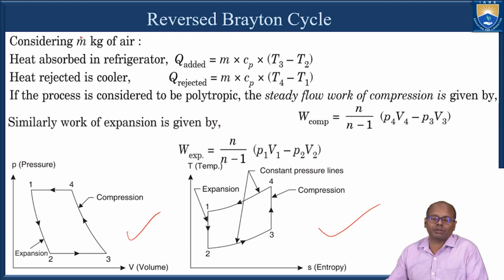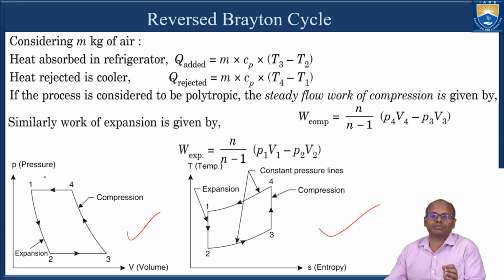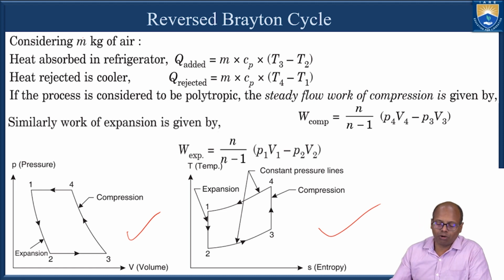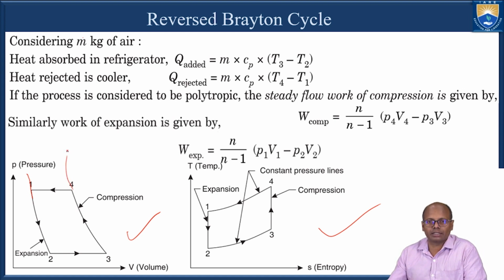Sometimes it can be m dot, the mass flow rate of air. Suppose it is a closed cycle. If it is a closed cycle, the same air gets circulated inside this cycle. If it is an open cycle, fresh air will be taken in and again this air will be rejected.